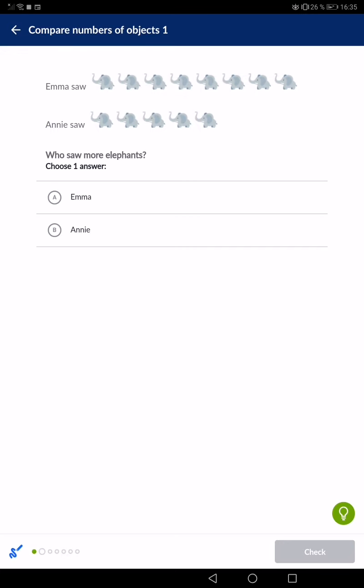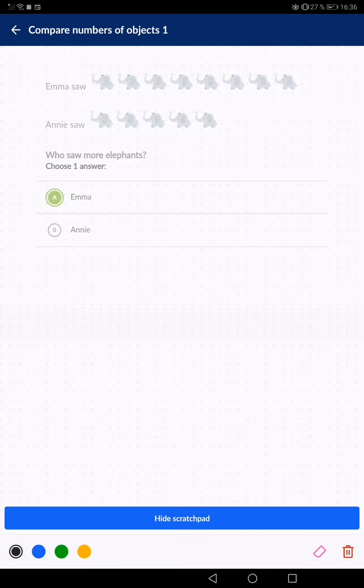Who saw more elephants? Well, obviously him. But when somebody saw more, something has to be less. I feel like they should ask, because it refers to the same solution, right? How many animals did Emma see more? 3 animals, right? But how many did this one see more? And how many did this one see less?